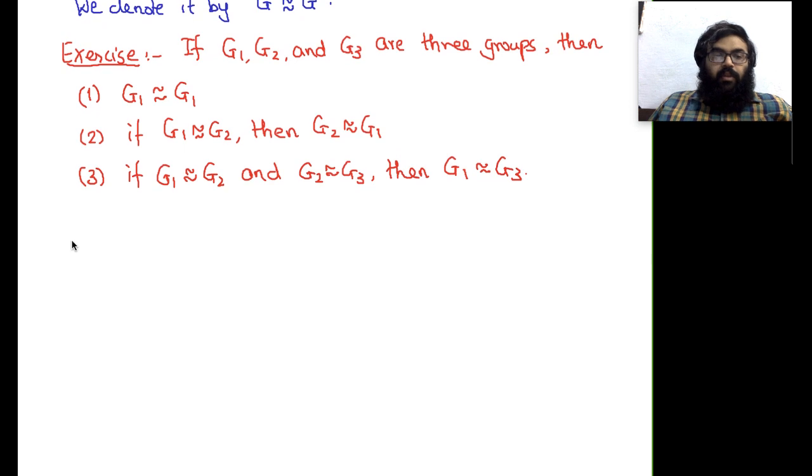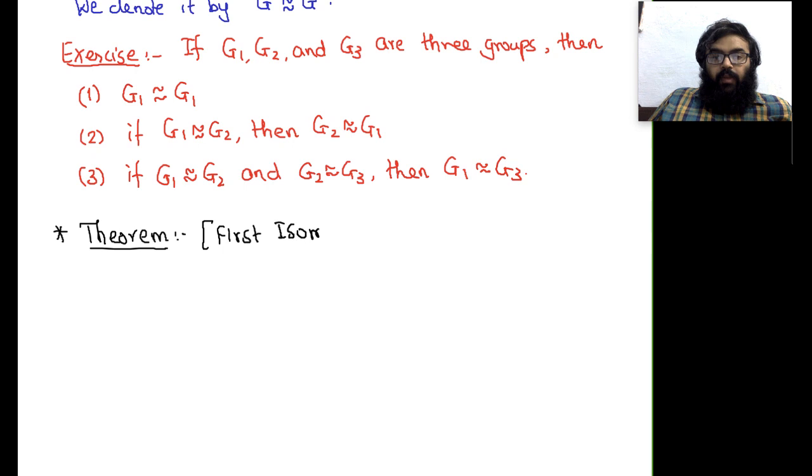And finally, in this topic, the most important theorem. Again, this is a revision which you already studied, and this one is called the first isomorphism theorem. So this proof also is an exercise, easy exercise now. We already studied in B.Sc.